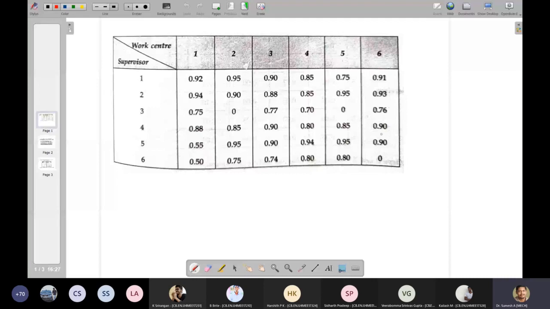This is not an effectiveness matrix, this is an efficiency matrix. Find the assignment.